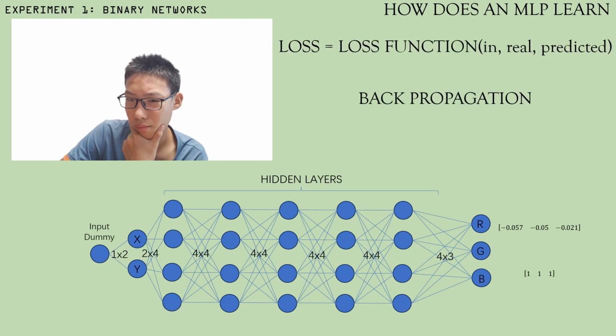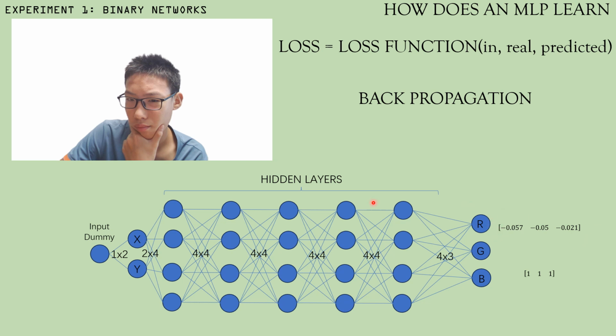After the network knows how wrong or how right it is, it uses backpropagation to change its connection strength one by one, each connection at a time, until it actually matches, or there's not much difference between the real output and the output that it predicted.